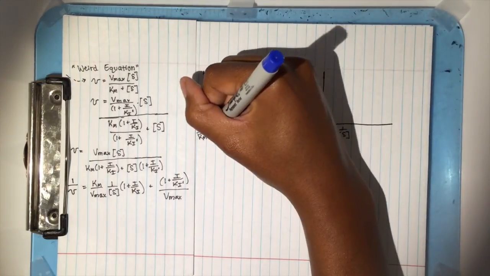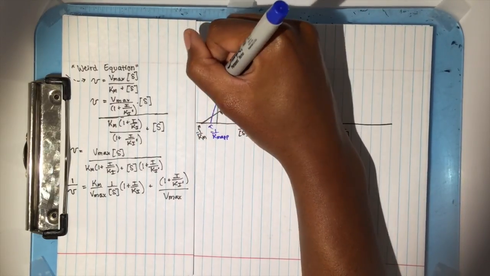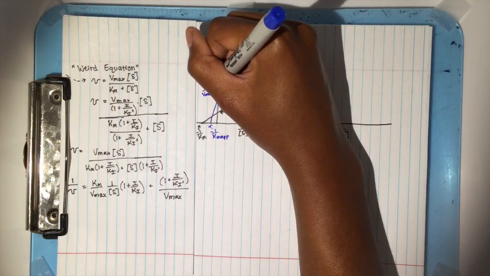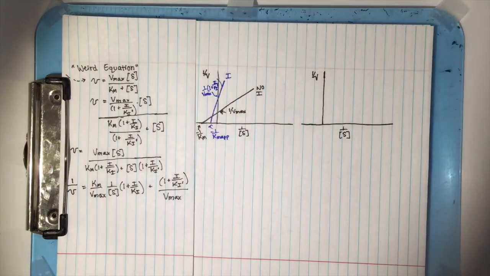And then for the inhibitor, we will have negative 1 over Kmap, as well as negative 1 over Vmax times 1 plus I over Ki prime.